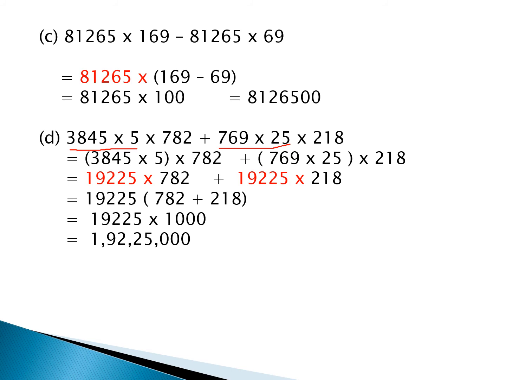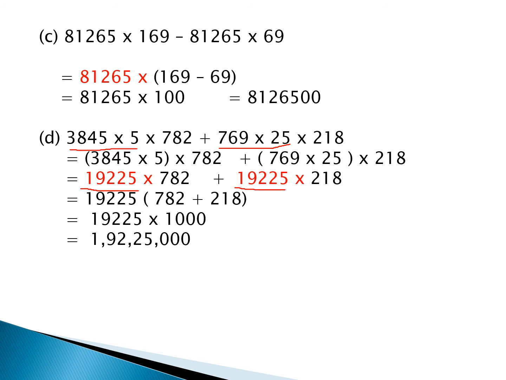So after solving that, we will get 19,225 multiply 782 and plus 19,225 multiply 218. So clearly we have obtained the common term.